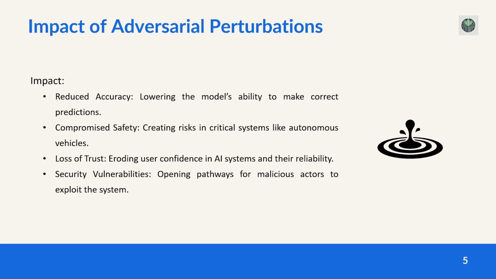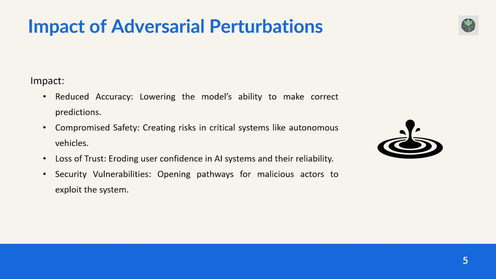So let's look at some of the impacts here. The impact of adversarial perturbations can be quite profound. A significant drop in accuracy is one of the first consequences. This would make AI systems extremely unreliable and cause users to mistrust them. In safety-critical applications, these perturbations can introduce risks.